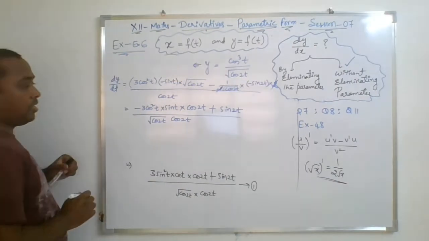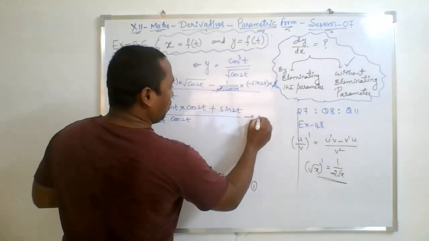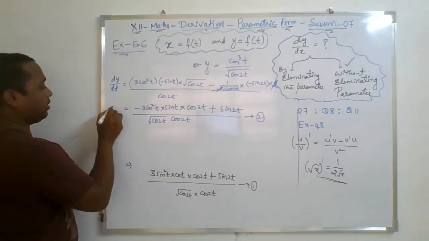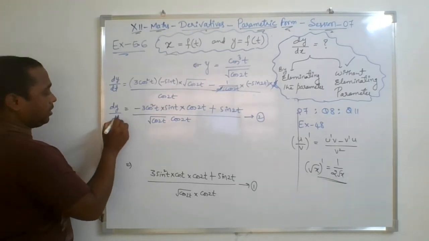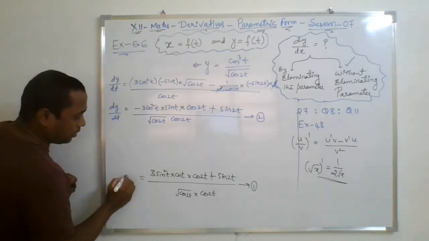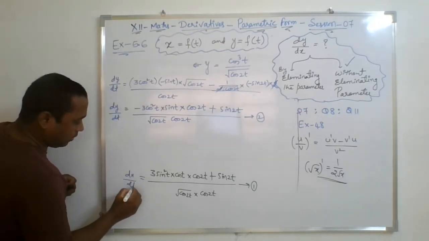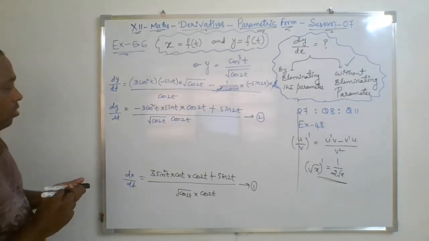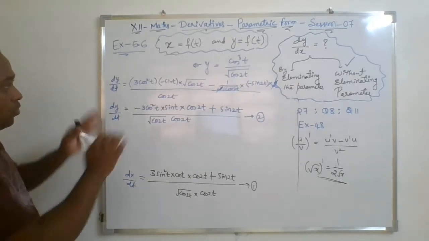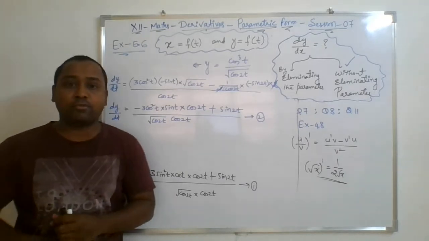That's it. So this is result number 2 I got as dy by dt, and this was dx by dt. So I have separately solved dy by dt and dx by dt.